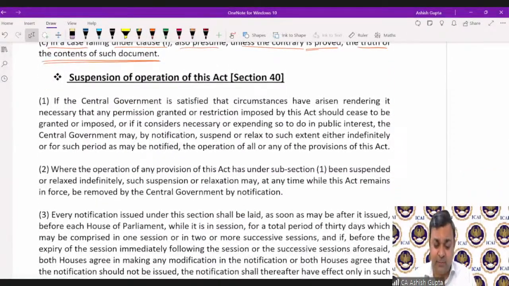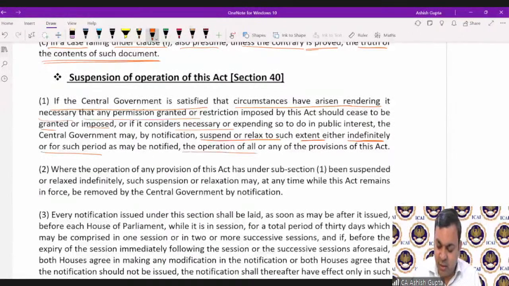Section 14, suspension of operation of this Act. If the central government is satisfied that circumstances have arisen rendering it necessary that any permission granted or restriction imposed under this Act shall cease to be granted or imposed, or considered necessary in the public interest, the central government can suspend or relax to such extent, either indefinitely or for such period, the operation of all or some provisions of this Act.